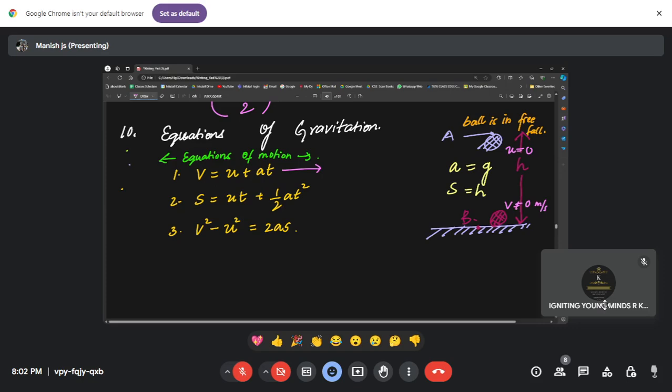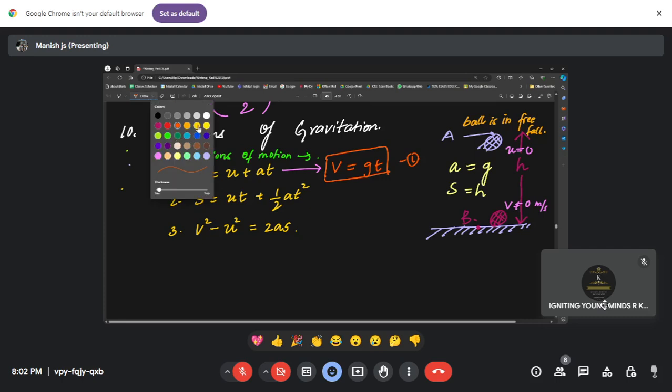Even before you release, there is no velocity. So u is 0, but v is not 0. So the first equation of motion gets transformed as v equals u, which is 0, so I'm not writing it. In the place of a, I will write g, and t is the time taken to reach the bottom. So v equals gt is the first equation of gravitation.